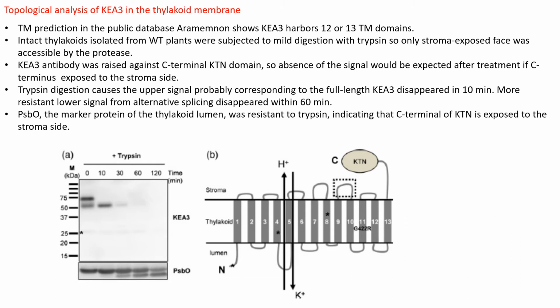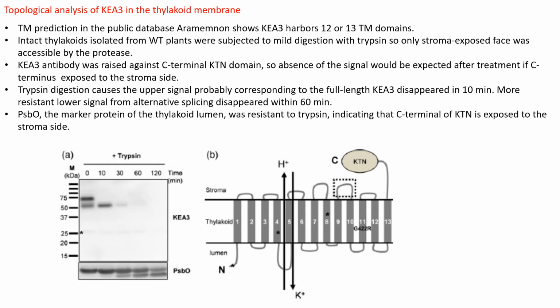If trypsin digests the KTN domain completely, then the KEA3 antibody that was raised against the KTN domain will fail to detect the KTN and also fail to detect the KEA3 protein.